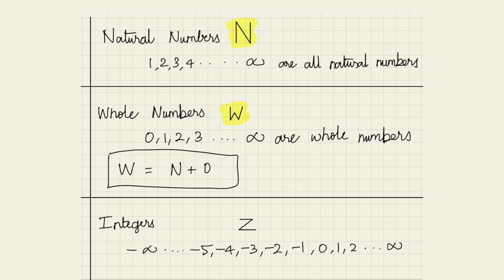So all these numbers come under the category of integers. Okay, so non-fractional numbers starting from minus infinity up until plus infinity, everything comes under this category called integers, and the symbol for that is Z. Okay, the symbol to represent integers is Z.